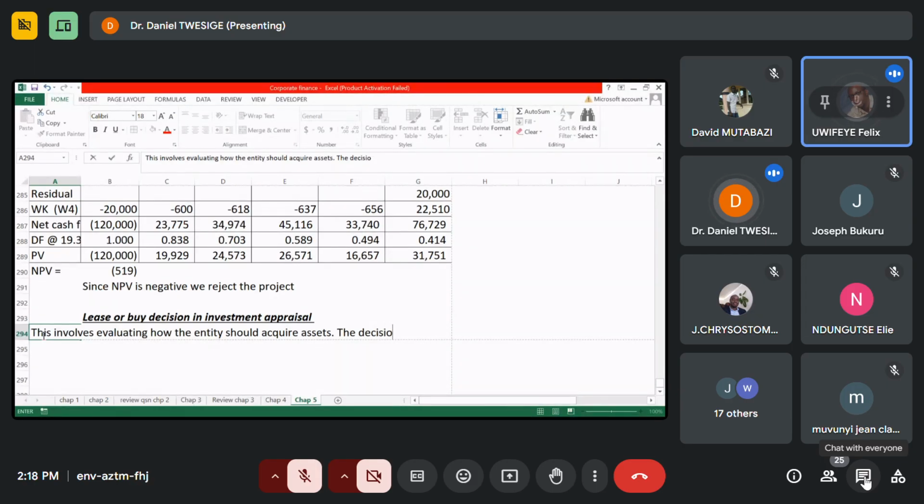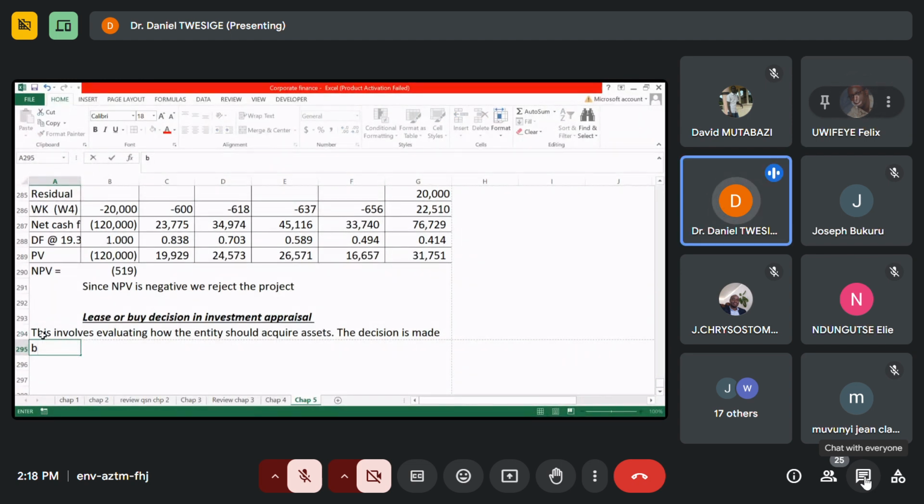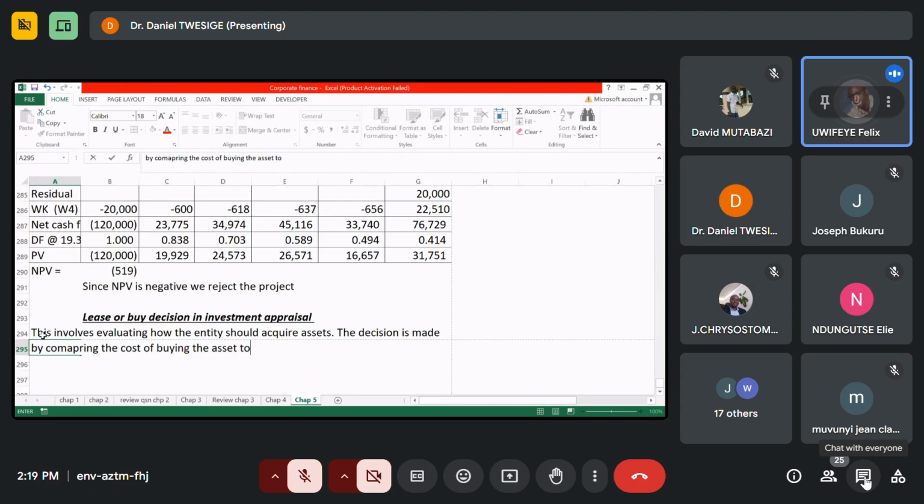The decision is made by comparing the cost of buying the asset, the cost of leasing.